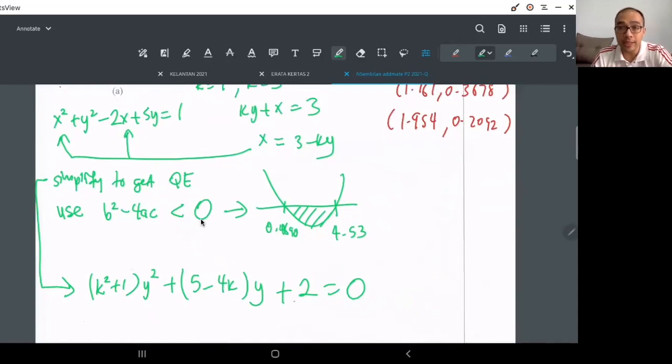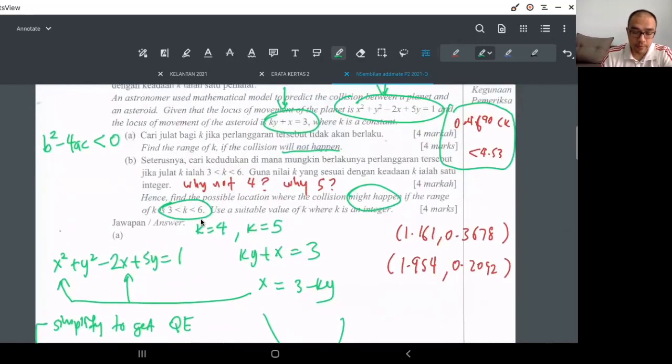The question is saying the collision will happen if k is either 4 or 5, and they say use a suitable value of k where k is an integer. That means either 4 or 5, it cannot be 4.1, 4.3, 4.5. Those are not integers. Integers are only 4 and 5.